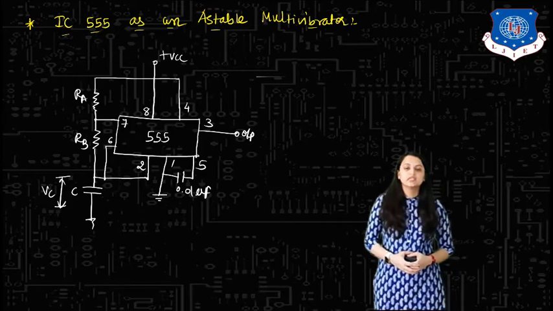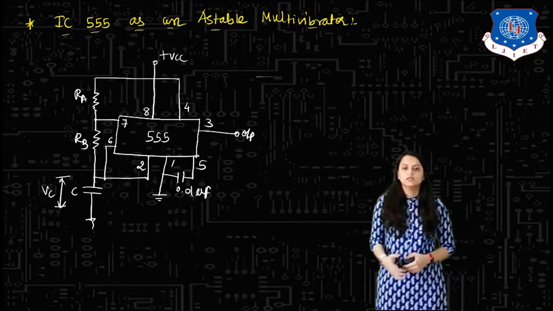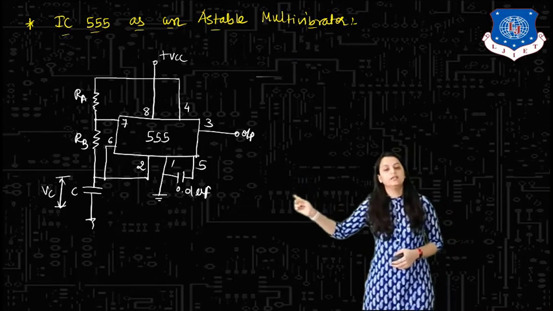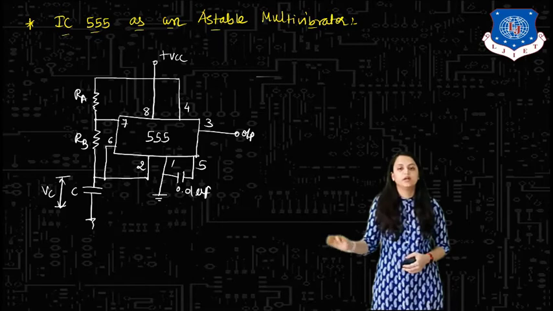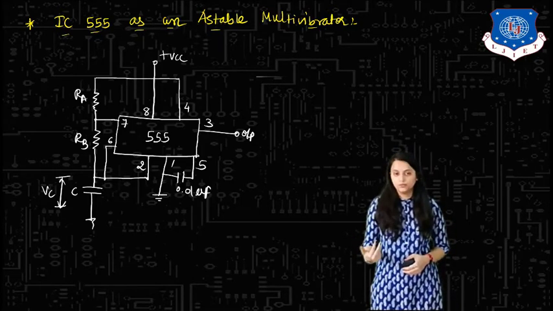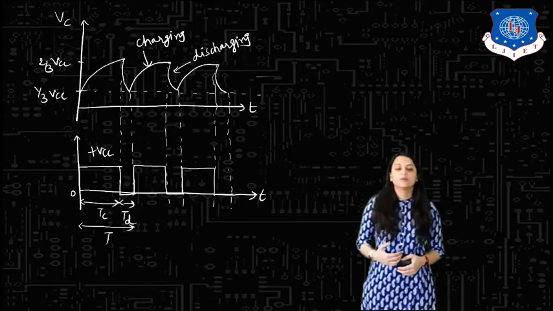Now next, IC555 as an astable multivibrator. So here the connections are indicated and the capacitor values are indicated for astable multivibrator operation. Here RA and RB, two resistors, are used. This is the waveform using which this operation is obtained.